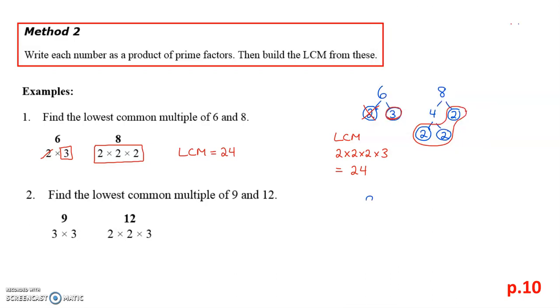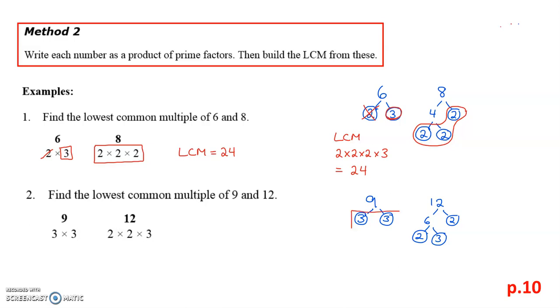With 9 and 12, we can prime factorize them. So 9 is the result of 3 times 3. 12, we can do 6 times 2 and then break down the 6. And then again, we're going to compare and look and see which ones we need to take. Under the 9, we have 2 3s, but under the 12, we only have 1 3.